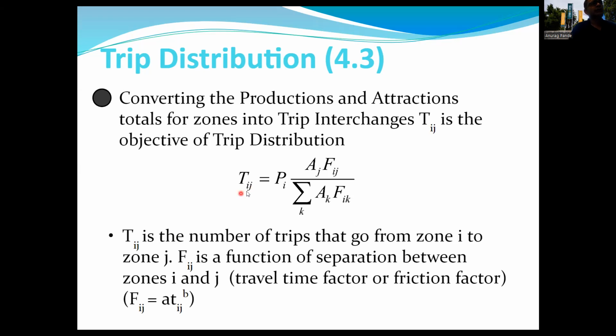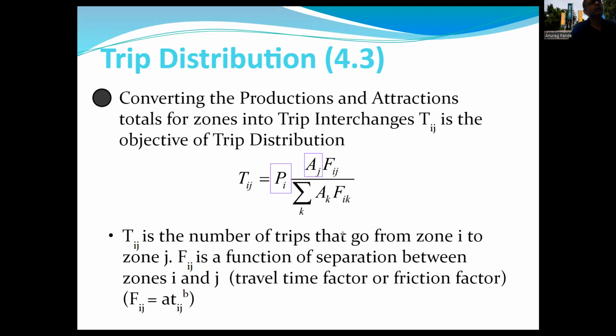So i represents the origin zone, j represents the destination zone, where Pi is the production of zone i, so total production. This is typically the output of your trip generation step.